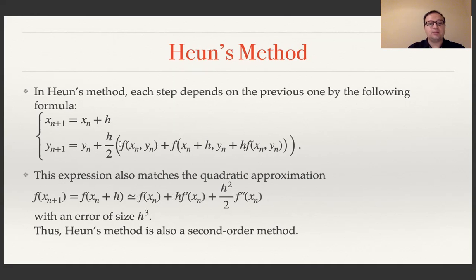So it turns out that by using these sorts of combinations, and as I said, the midpoint method and Heun's method are only two out of infinitely many possibilities, one can match the next term in the Taylor expansion and thus improve the accuracy from h squared to h cubed at each step.